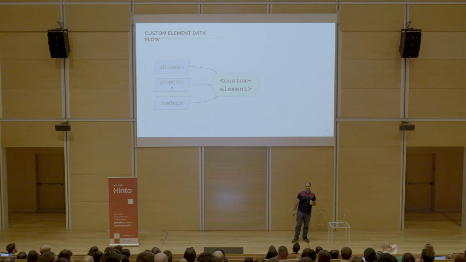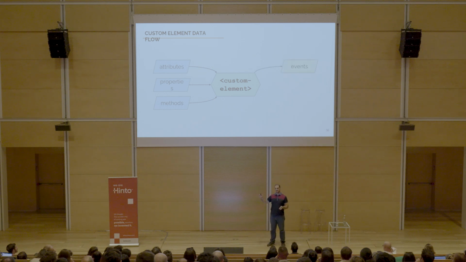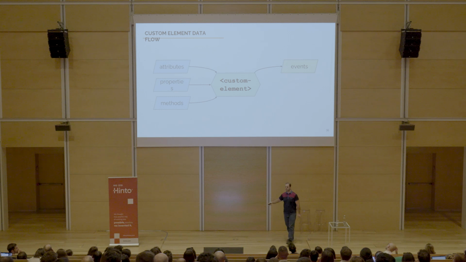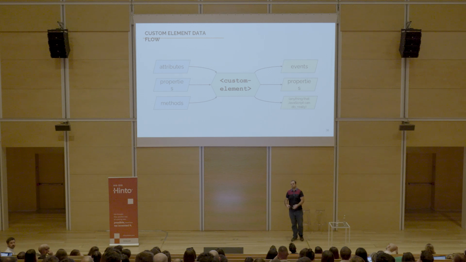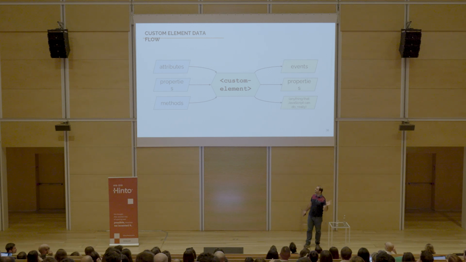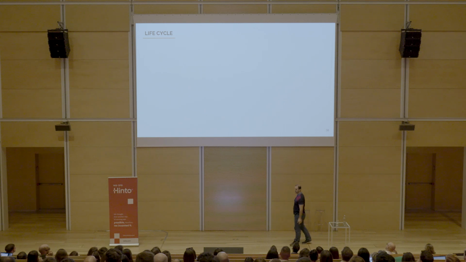Then JavaScript kicks in and produces an output, which can be sent via events, native or custom, you decide. Also, it can be put again in properties. And you can do whatever you can do with JavaScript, because you can do everything. This is the data flow for web components.